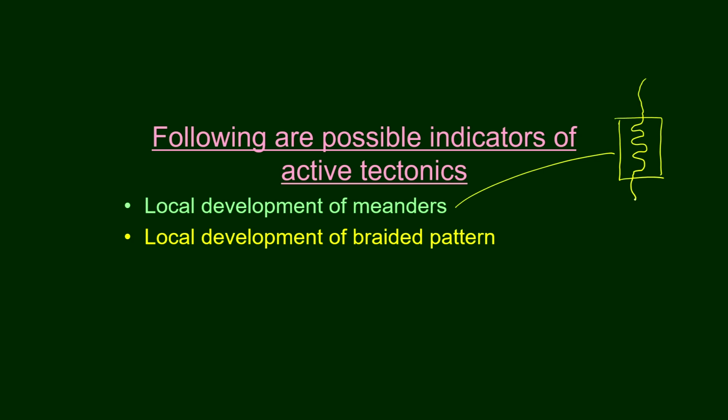You are going from straight, or you are having meander, and then straight away you are having a braided pattern here. Okay. So, you have the braid bars and then braided. So, this is your local meander, and this will be your local braided pattern.